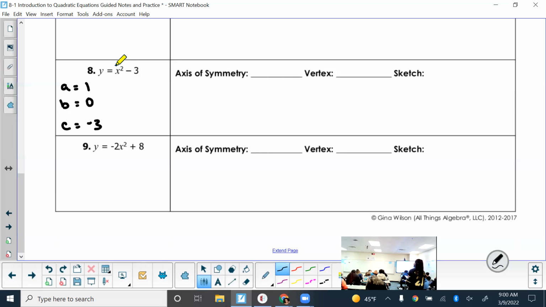All right, since the B term isn't there at all, there's no number in front of an x because there's no x at all, then B is 0. Questions about that? All right, now when we plug it into our formula, it's just that B is now going to be 0. So I have -0 over 2 times A, which is 1.